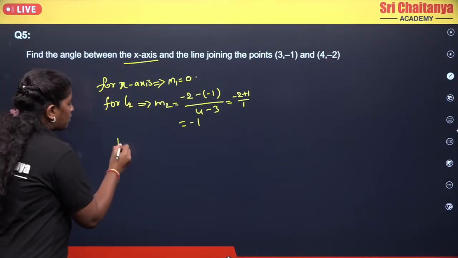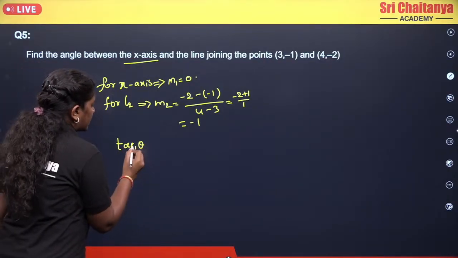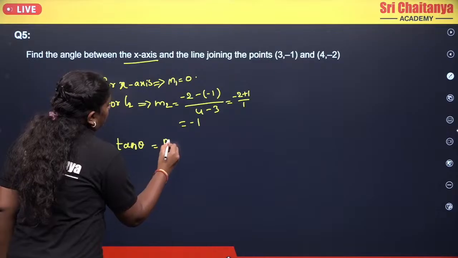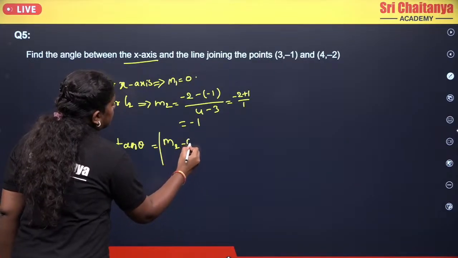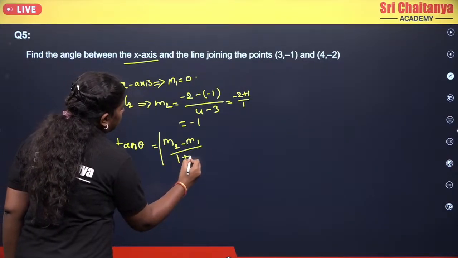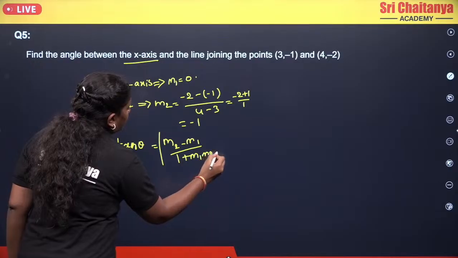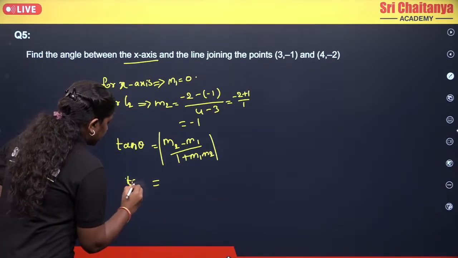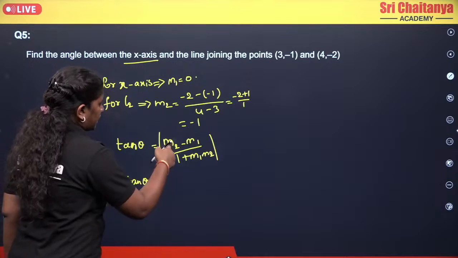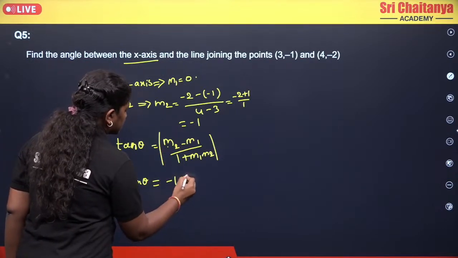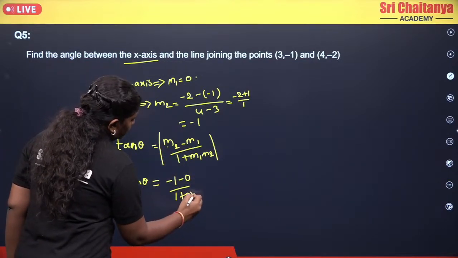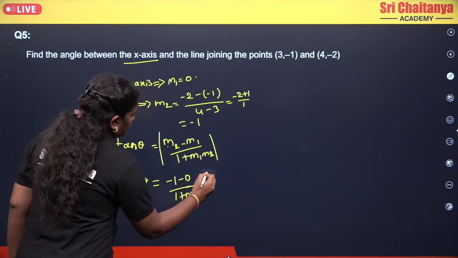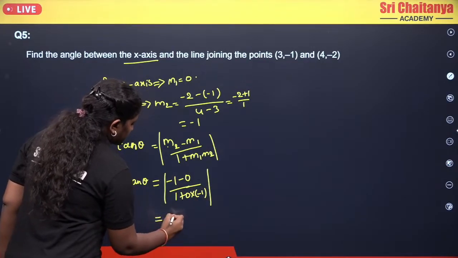Now, taking the formula for the angle between the lines, tan theta equals modulus of (m2 minus m1) by (1 plus m1 m2). That becomes tan theta equals modulus of (-1 minus 0) by (1 plus 0 into -1), so that becomes -1.